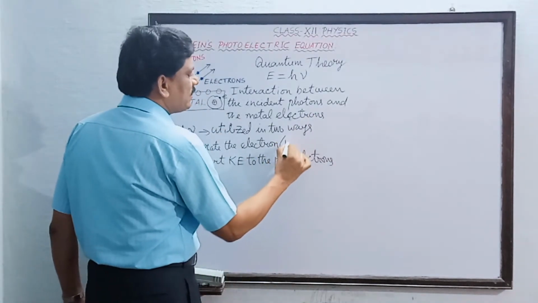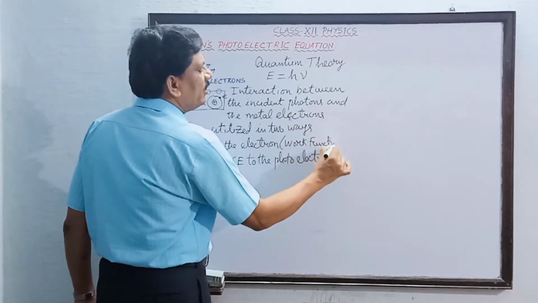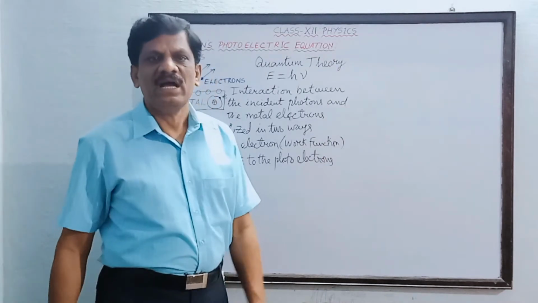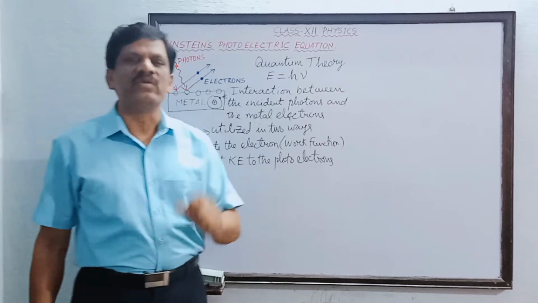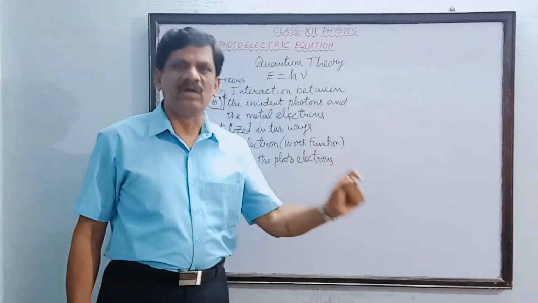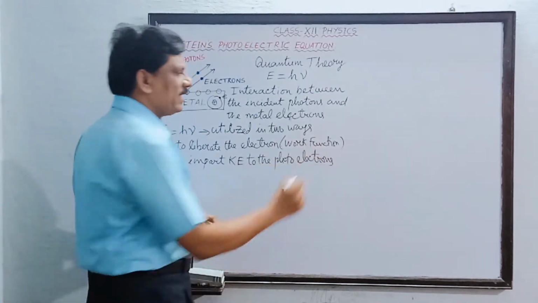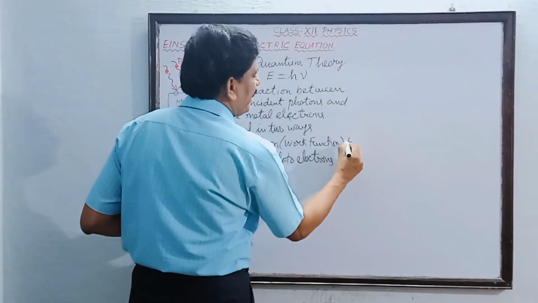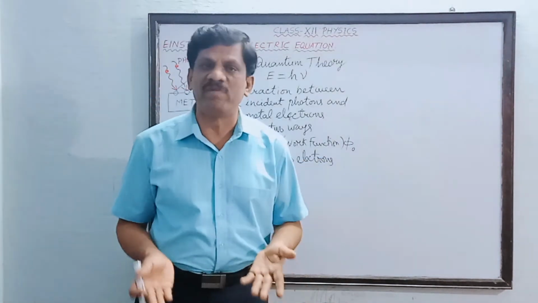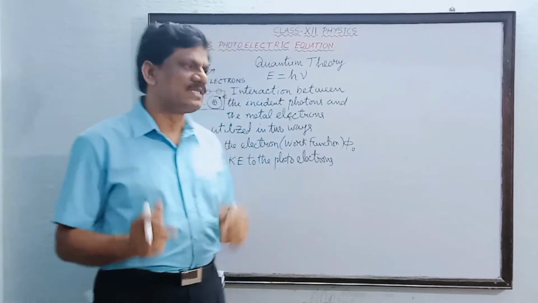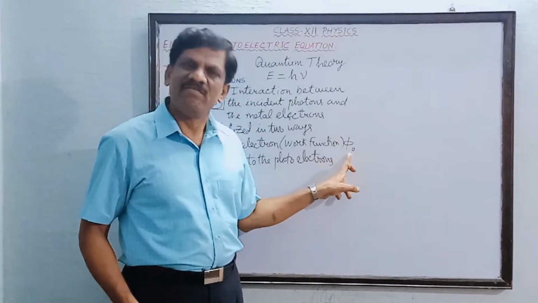In the introduction class, I taught you what the work function is: the minimum energy required to liberate the electron from the metal atom. It is denoted by the symbol phi naught. In some textbooks they use capital W, but in CBSE and some state boards they use phi naught.